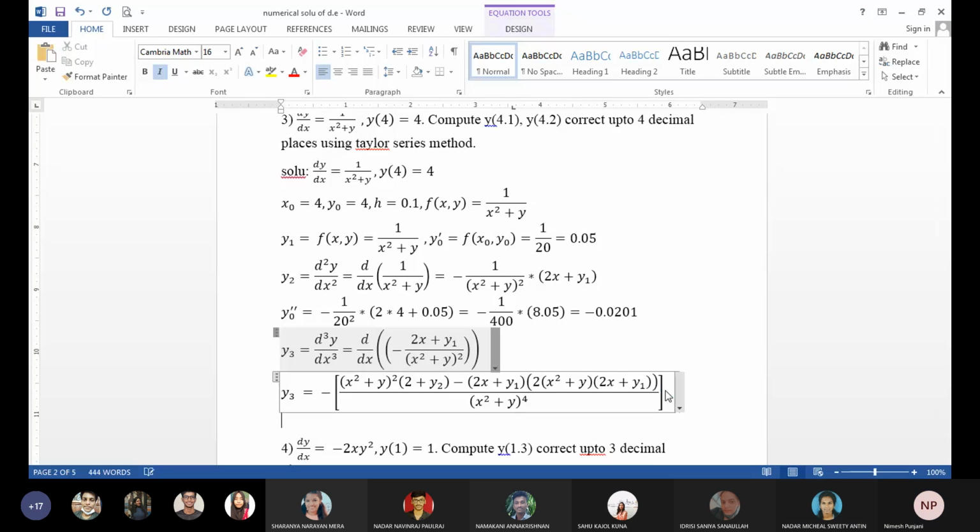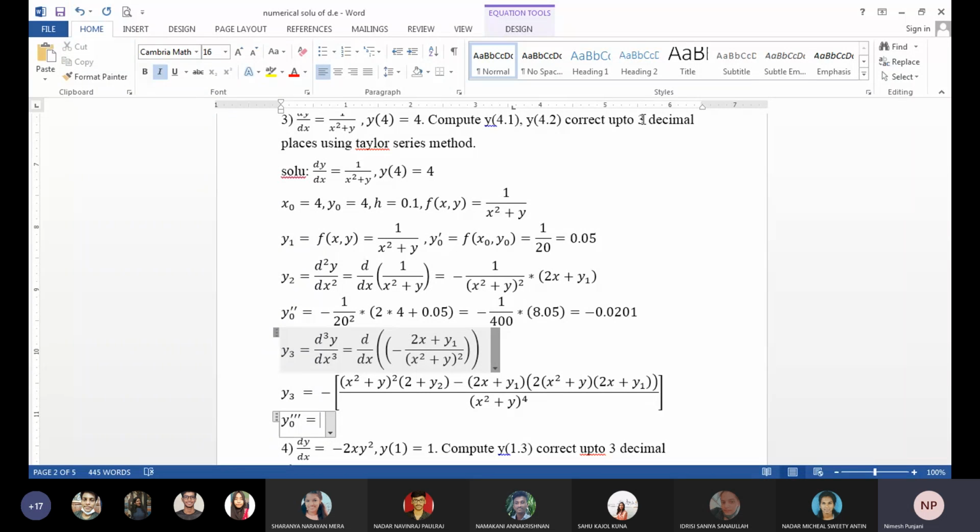Yes, sir. So now y0 triple dash. Okay, so what I will do is, now y3 itself is so complicated, so y4 so complicated hoga. So I'll change the question to correct up to 3 decimals instead of 4 decimals. So what will happen? अपने को खाली y0 triple dash तक ही calculate करना पड़ेगा because the derivative is becoming more complicated.